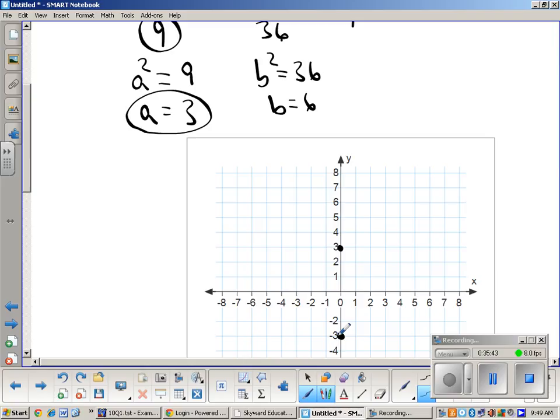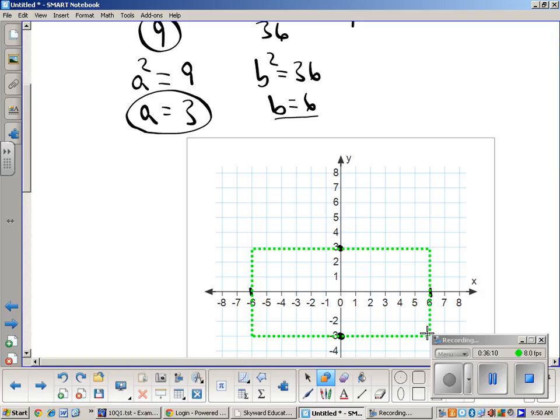Now, what does the B tell us? 6 to the right, 6 to the left. And so my rectangle is going to look like that. Could I use those as points?